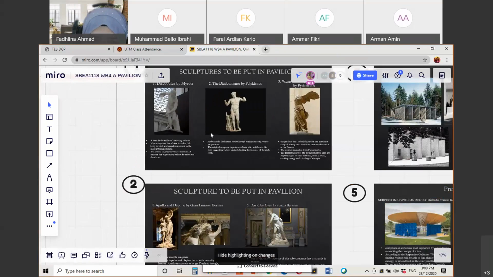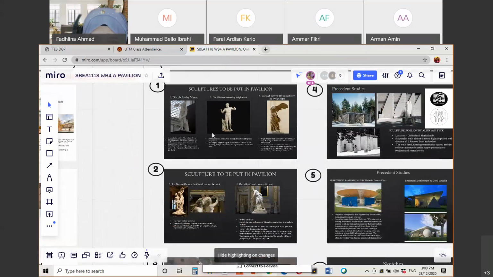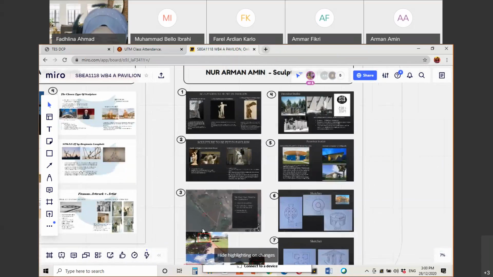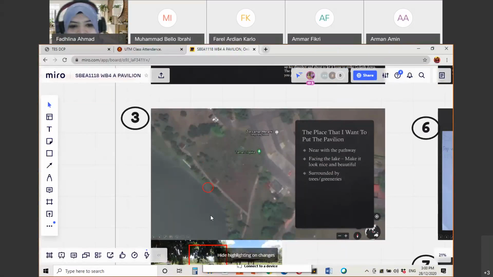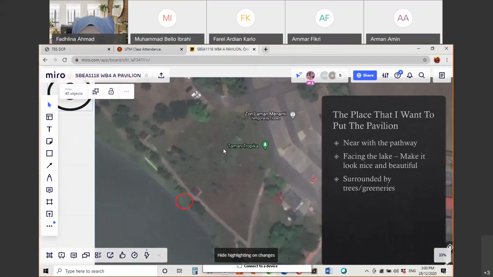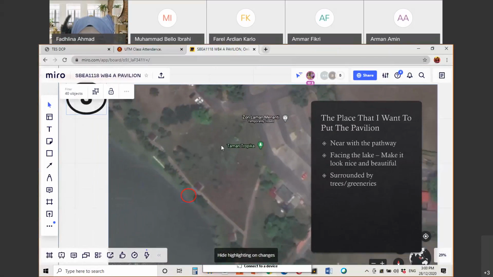Okay, Ahmad? So please add on. Alright, and then what about your site preferences? This is the place that I want to put the pavilion, which is in front of the existing mockup. I decided to put a small part of the pavilion on the water.